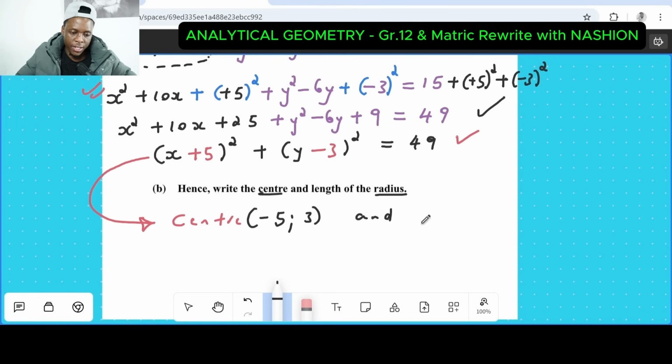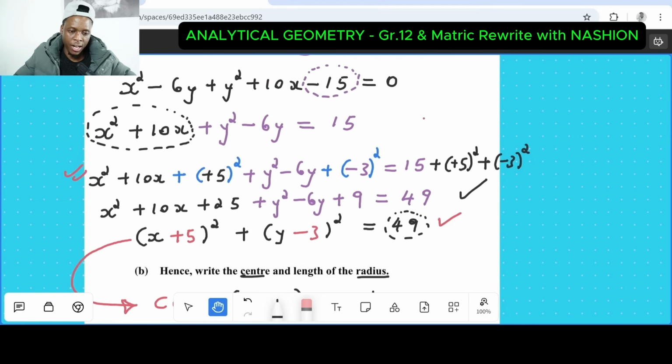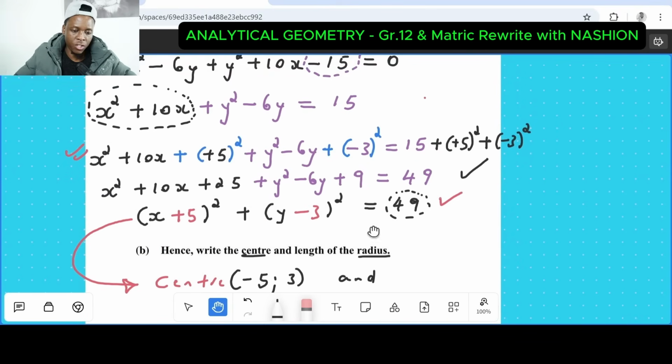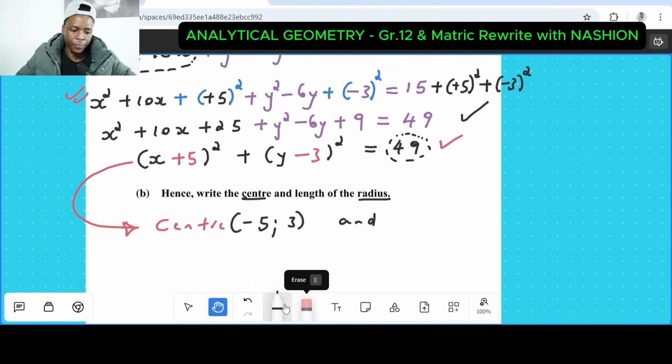So with the radius, we know that 49, according to the general form, remember the general form on the right side, it has r squared. So 49 is in the place of r squared. R squared is 49.